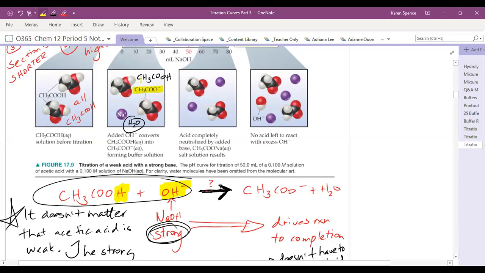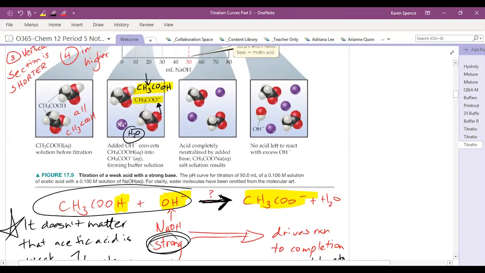So we have two things in our solution that matter. Yes, we have our sodium ions, but we also have the acid, and we have its conjugate base. So half of it is still unreacted in its acid form, and half of it has had its protons ripped off and has turned into its conjugate base.